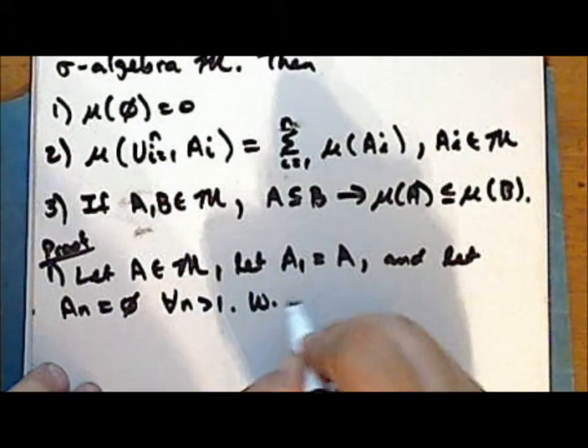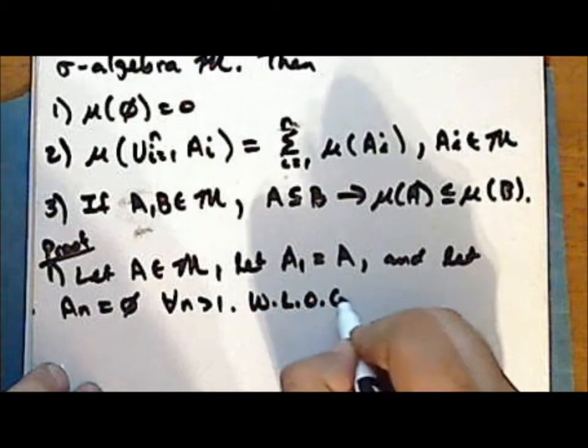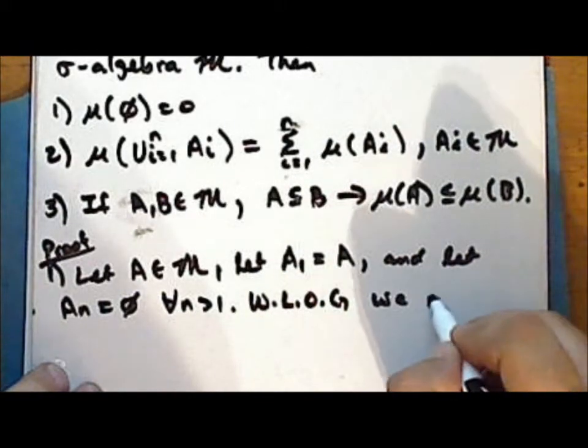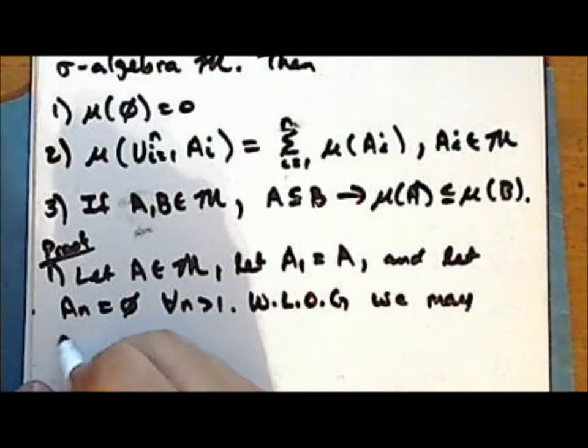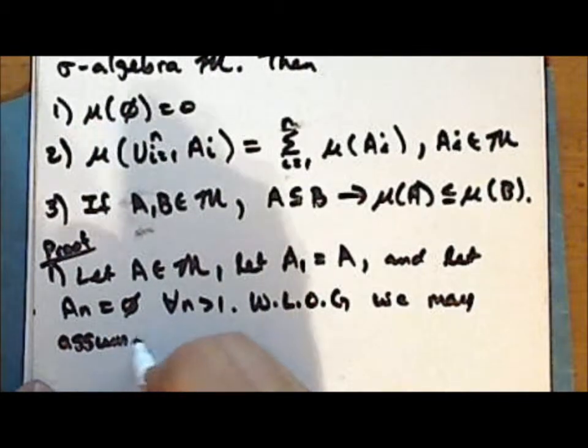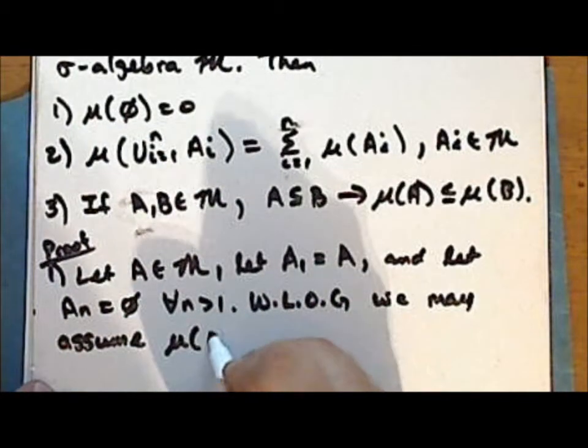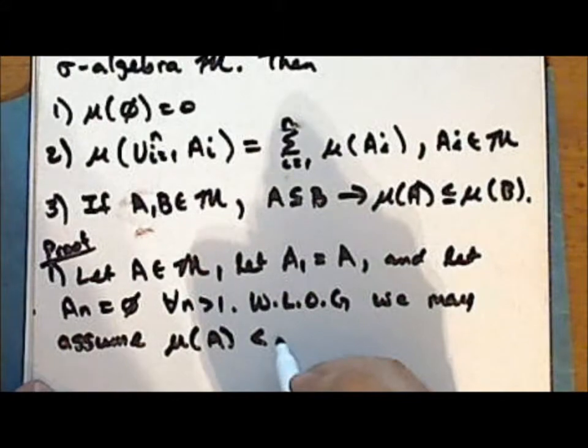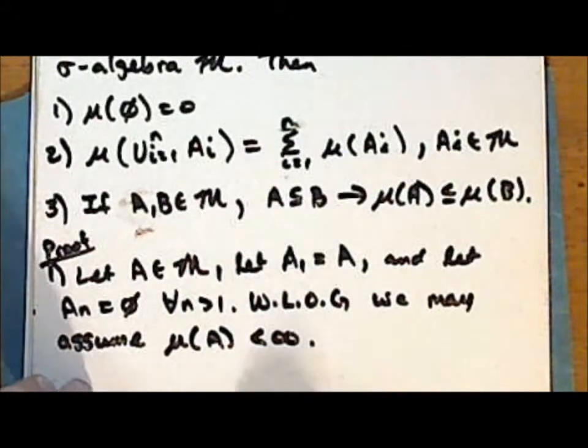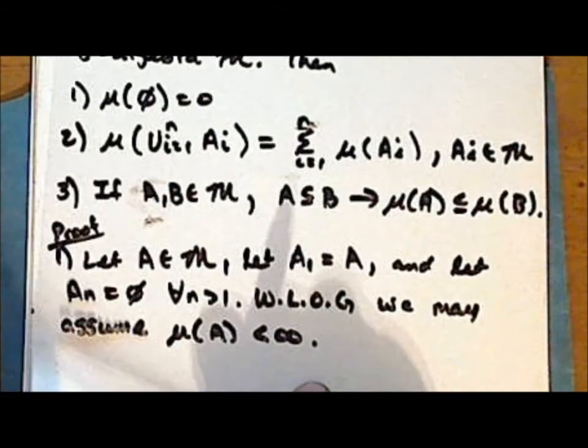Now, without loss of generality, we may assume that the measure of the set A is strictly less than infinity. All right?